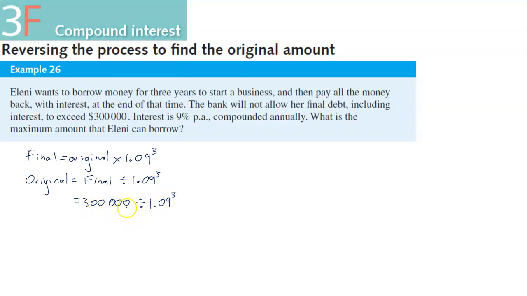And then I put this calculation into the calculator, and that tells me that the original maximum amount that Eleni can borrow is $231,655.